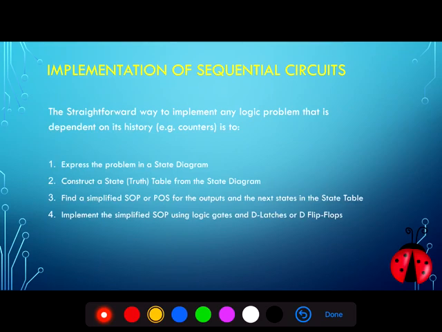We can express the problem in a state diagram, make a state or truth table from the state diagram that includes both outputs and present states, and then find the simplified product of sums or sum of products for the outputs and the next states, and implement those outputs and next states using combinational logic as well as either D latches or D flip-flops, depending on whether we want the output to be state triggered or edge triggered.